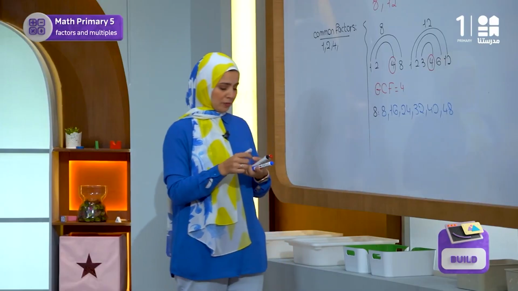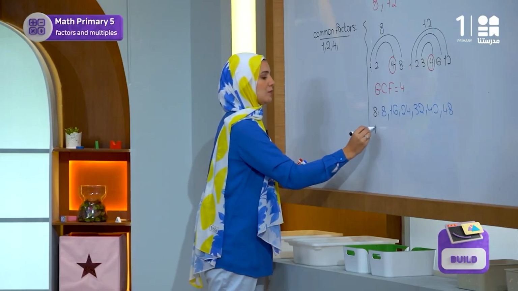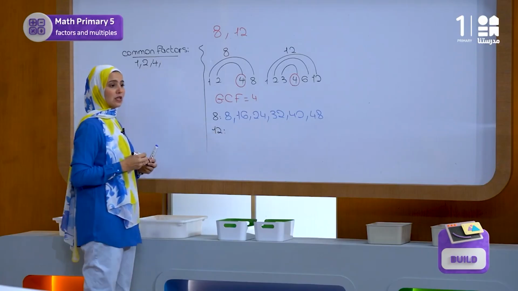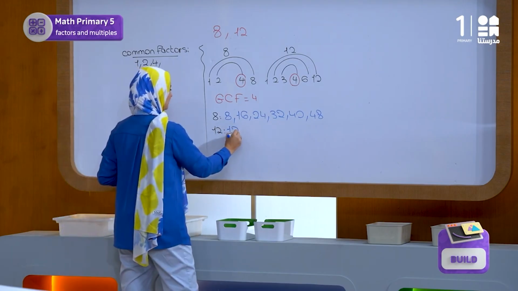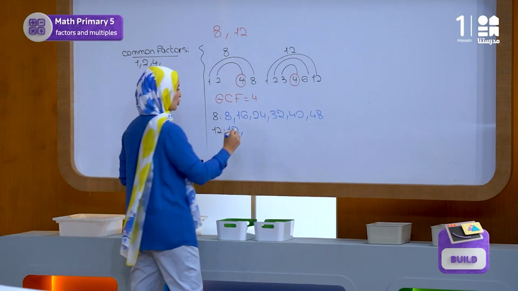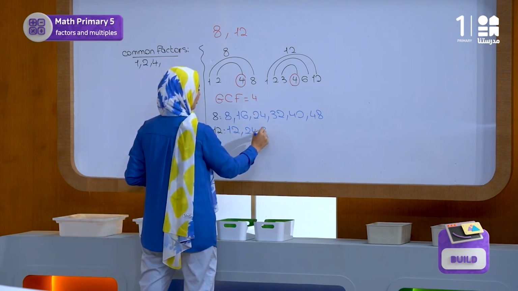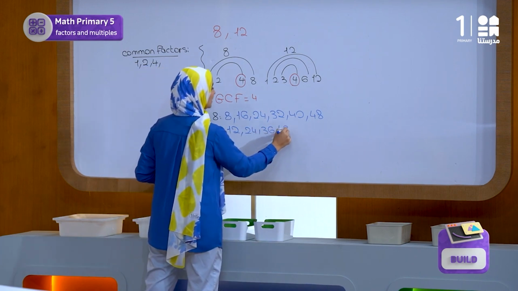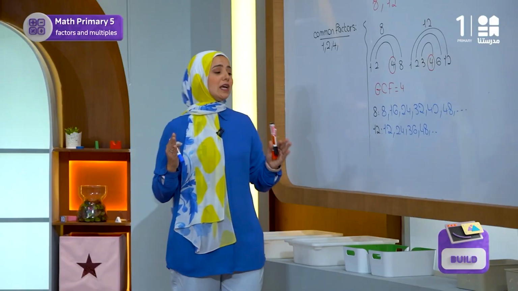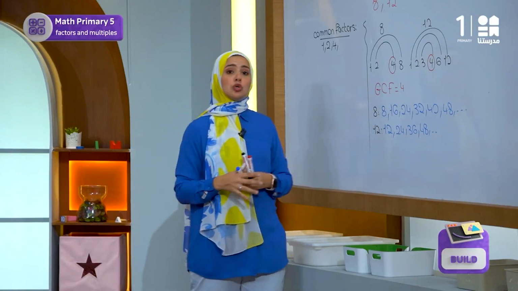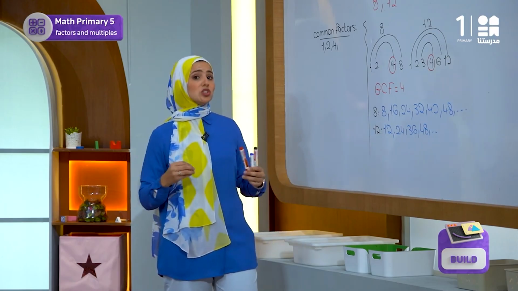Now, what about the multiples of 12? Can I list the multiples of 12? Of course. We start with 12, then 24, 36, 48, and so on. Now, if we look at these two groups of multiples, what do we notice?